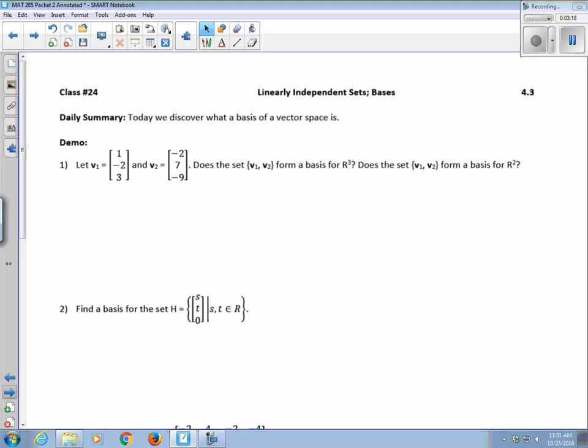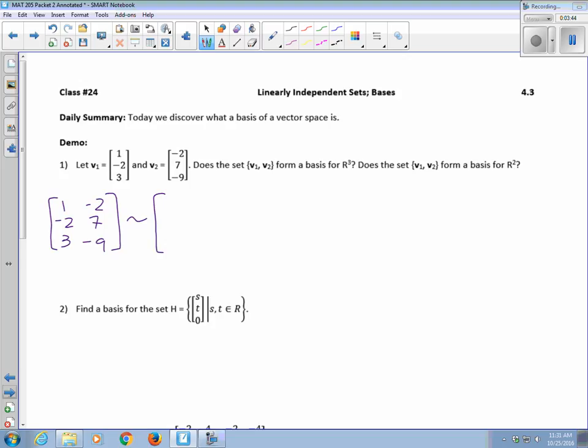Okay, so I've got two vectors here, v1 and v2. Does that set form a basis for R3? That means, do those two vectors span R3, and are they linearly independent? So let's see what happens if I take a matrix that uses these as the columns, and I row reduce it.